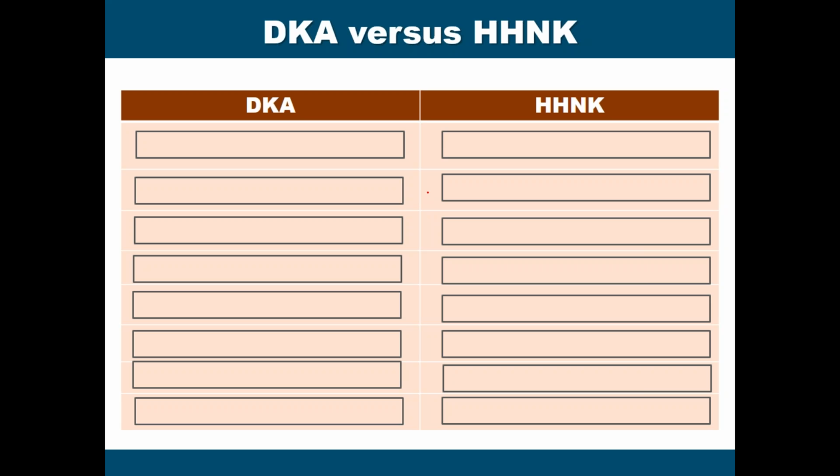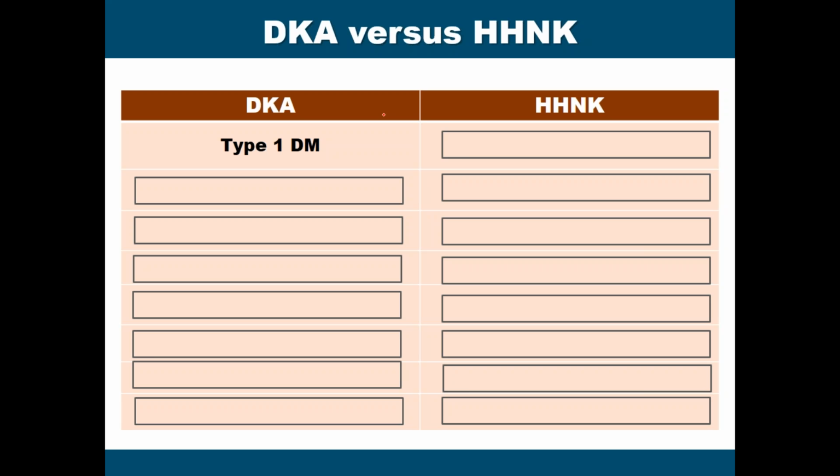Now let's compare the two. DKA usually occurs in patients with type 1 diabetes mellitus. The reason for that is that type 1 diabetes mellitus patients, if you can remember, have absolutely no insulin in the body, and that leads to this complication, which I will explain later on.